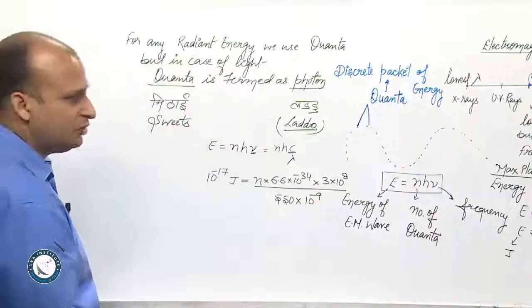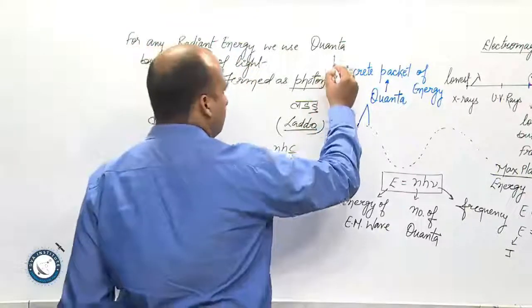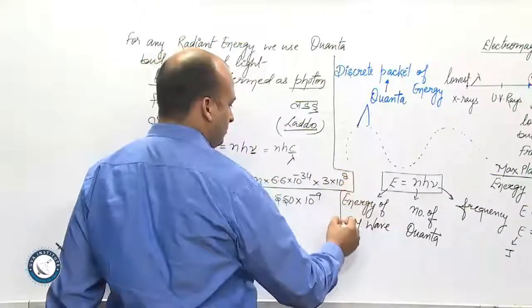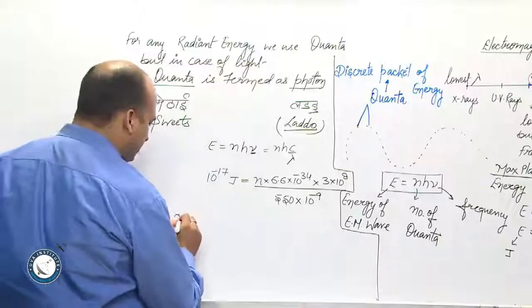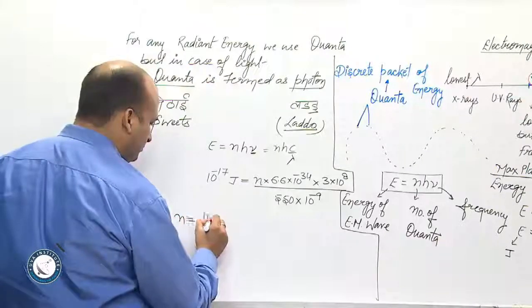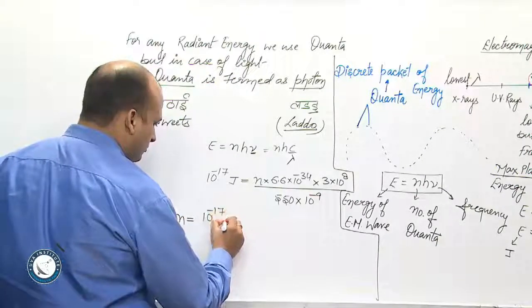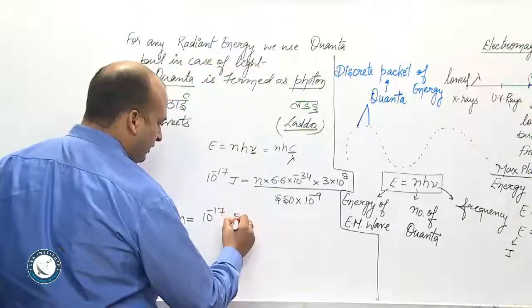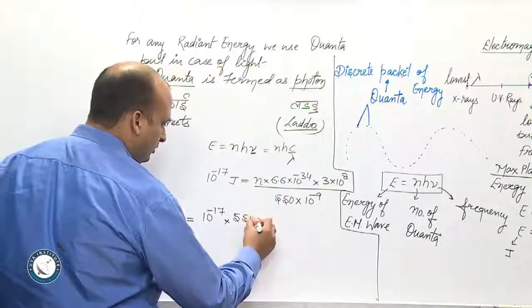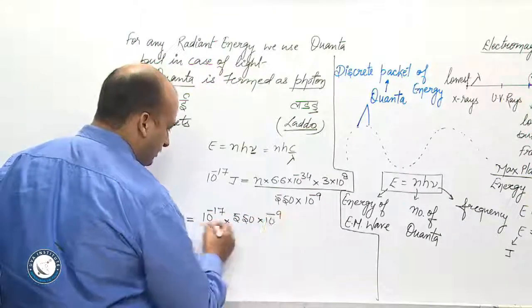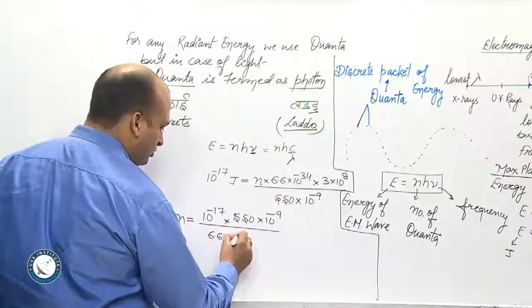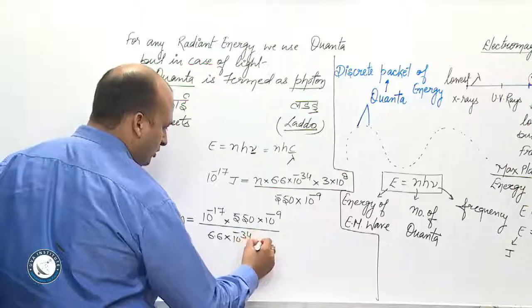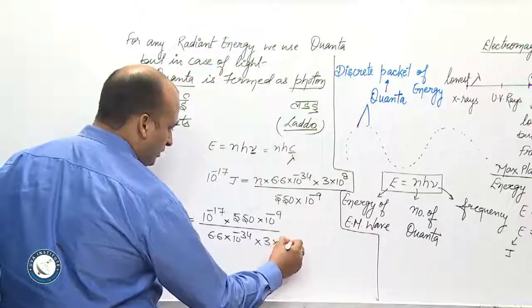Okay, this is how we have to solve it. So you will get n is equal to 10 raised to power minus 17 into 550 into 10 raised to power minus 9 upon 6.6 into 10 raised to power minus 34 into 3 into 10 raised to power 8.